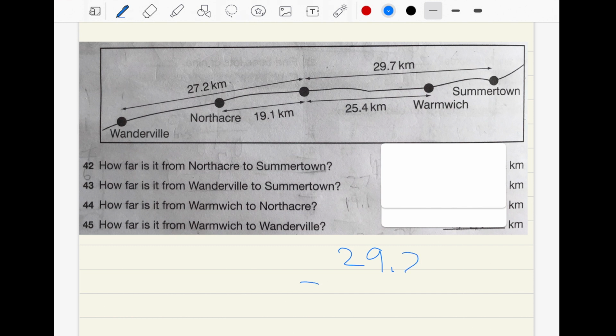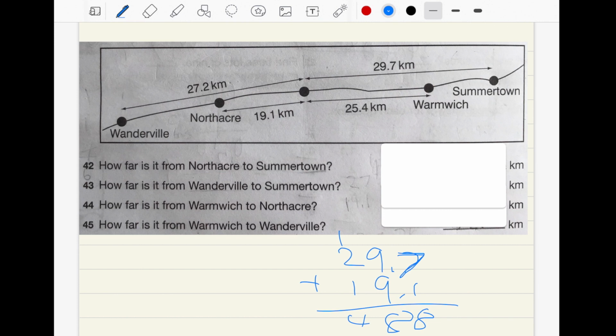29.7 plus 19.1. 7 plus 1 equals 8. 9 plus 9 equals 18. And then 2 plus 1 equals 3, and plus another 1 is 4.